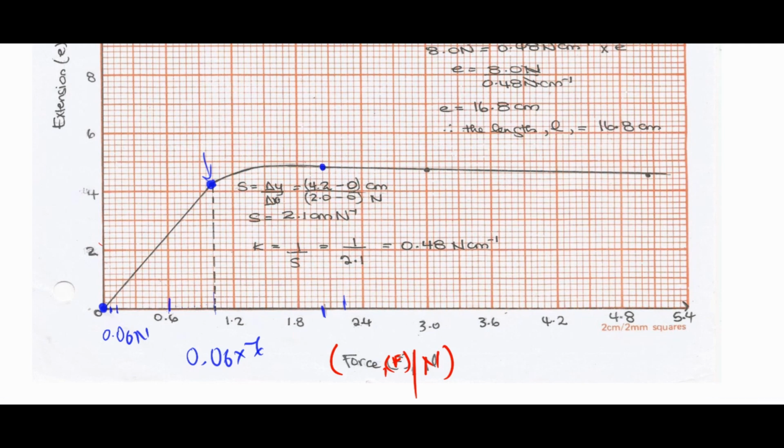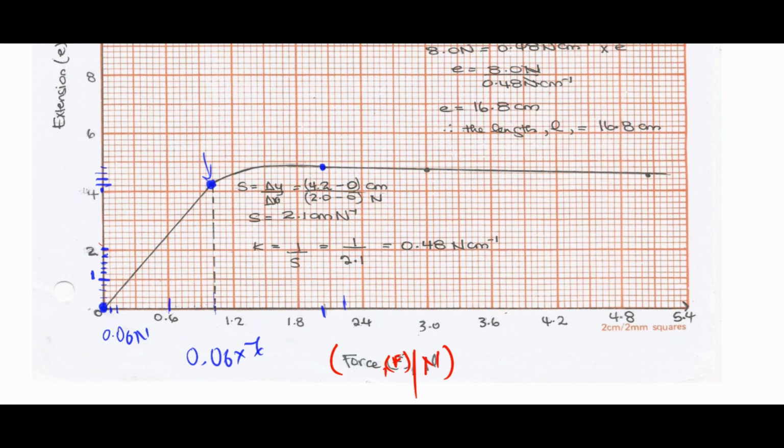Because each tinier line here represents 0.2 centimeters. So this would be 2.2, 0.4, 0.6, 0.8, and this would be 1. So 1.2, 1.4, 1.6, 1.8, 2.0. So here is our point at 4, and we need to find 4.8. This would be 4.2, 4.4, 4.6, 4.8.